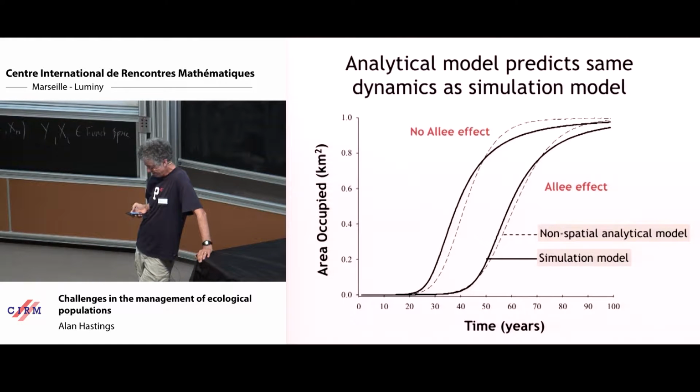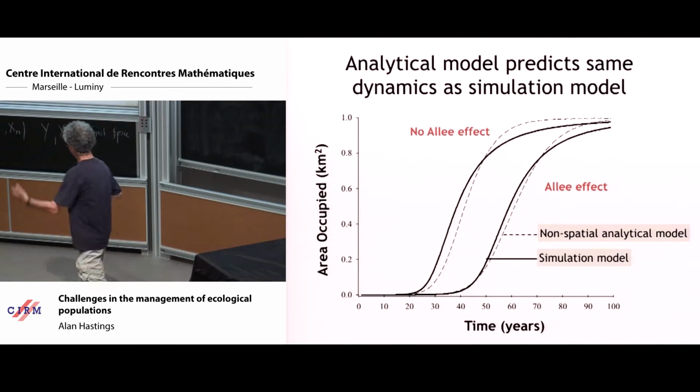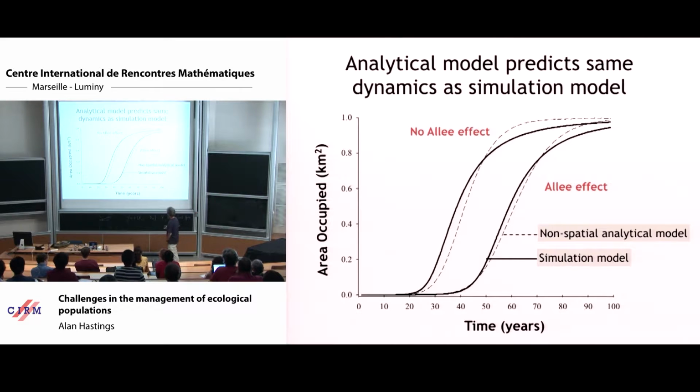And if we compare, we can parameterize both models. The solid line is the simulation model. The dashed line is our analytic model. And so we can use the analytic model as a tool for doing optimization.